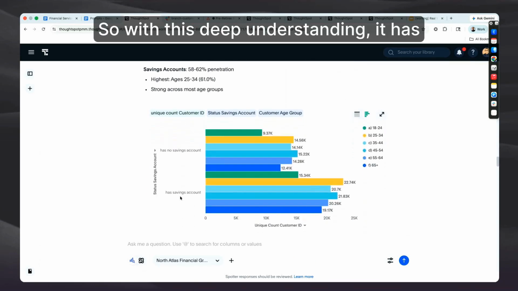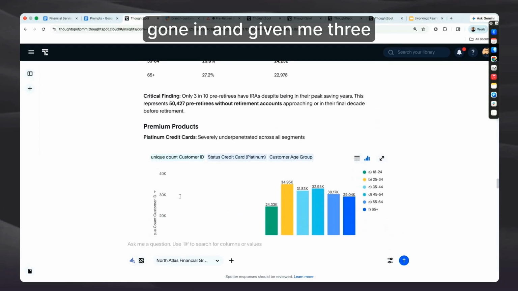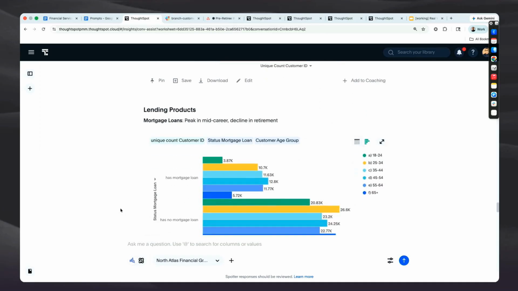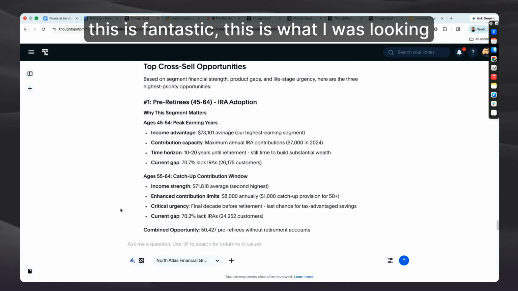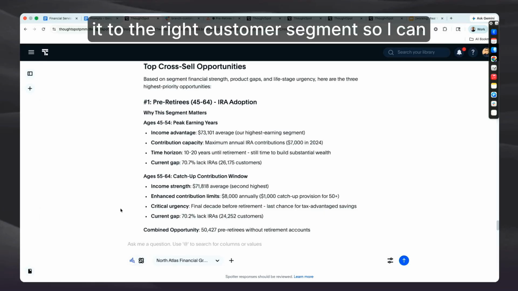So with this deep understanding, it has gone in and given me 3 recommendations around 3 opportunities, which are cross-sell opportunities. So this is fantastic. This is what I was looking for. It has mapped it to the right customer segment.